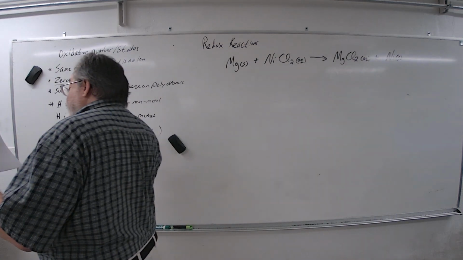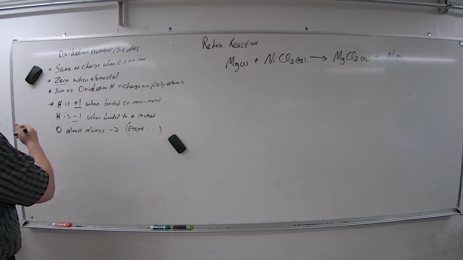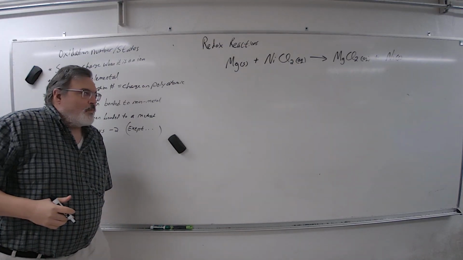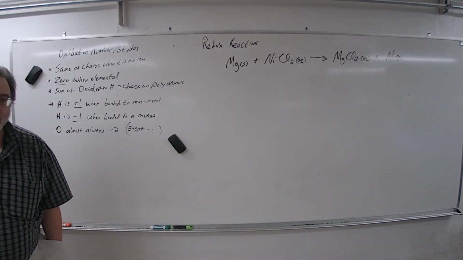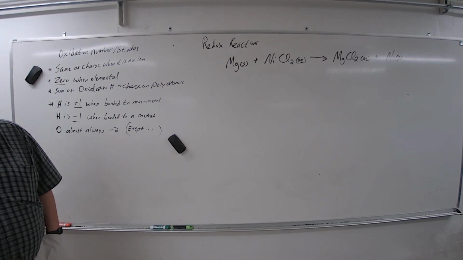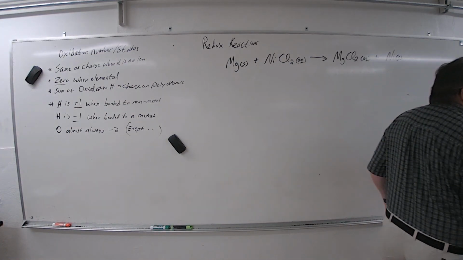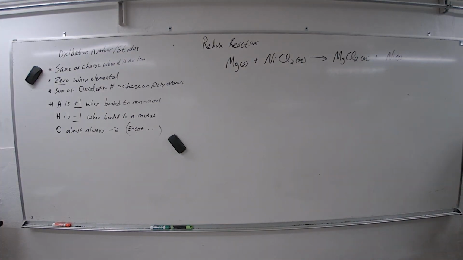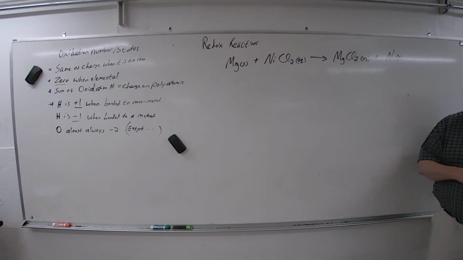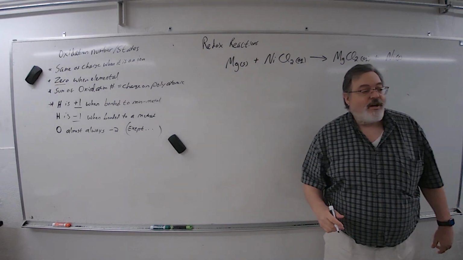Okay, so here's a redox reaction. We can figure out where the electrons are going by figuring out the oxidation states. What's the oxidation state on this magnesium first? You guessed 2, and that would be true if it's in an ionic compound.